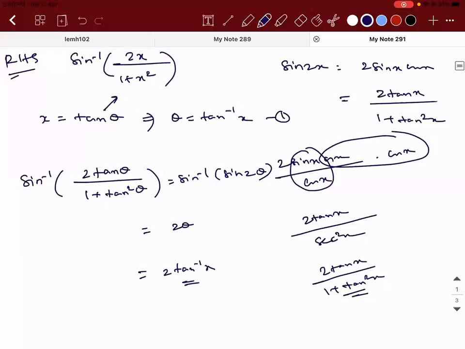So you can copy this. You take 2 tan inverse x, put x is equal to tan theta and again try to solve it.